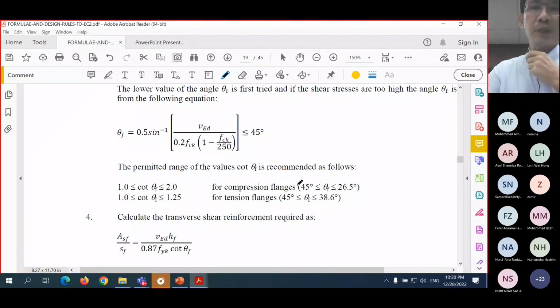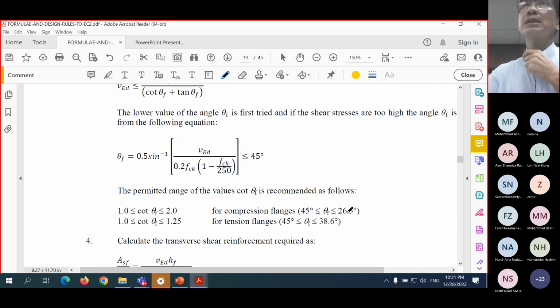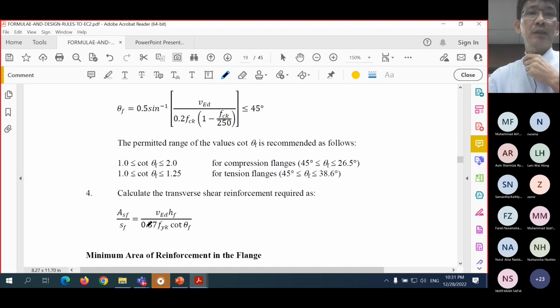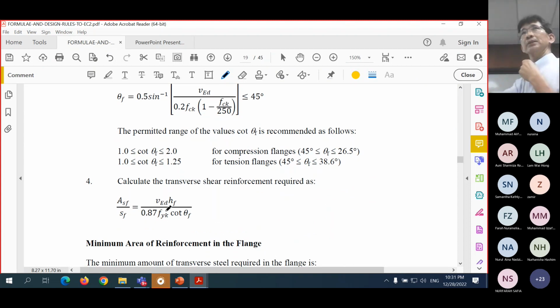If the flange is in compression, then theta f is between this and this. If the flange is in tension, then theta f is between this and this. So we try first with this and check if this is less than this or not. If it is less, then we take the lower value. If it is more, then we have to calculate the actual theta f. Only then do we calculate the shear reinforcement required, Asf over sf, using this formula.